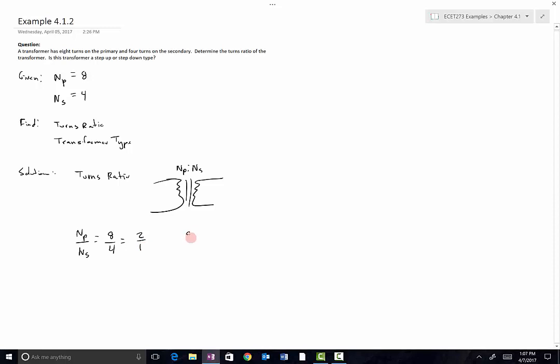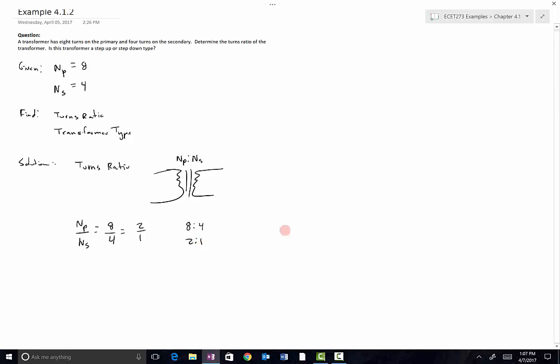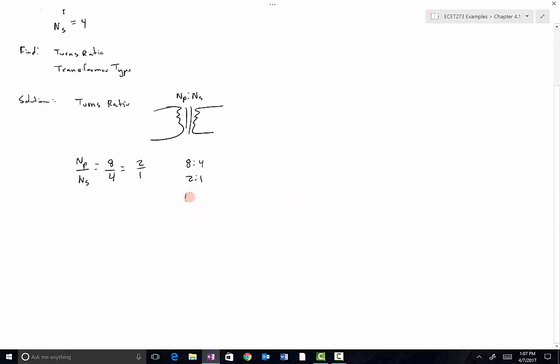Often this is written as 8 to 4 or 2 to 1. Maybe a little less commonly, this could be written as 1 to 1/2 or 1 to 0.5. Any of these methods is an appropriate way to write the turns ratio, and you'll see different nomenclatures used in different resources.